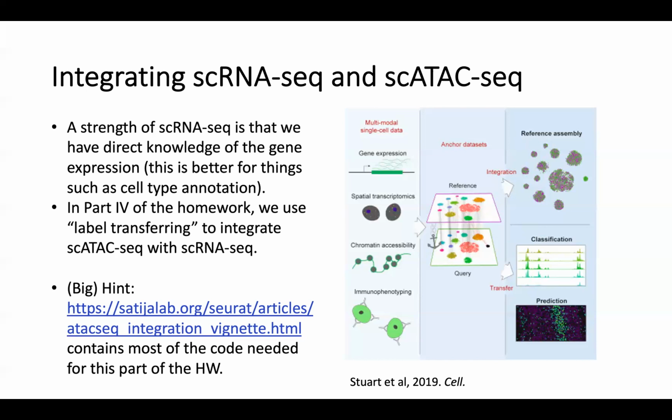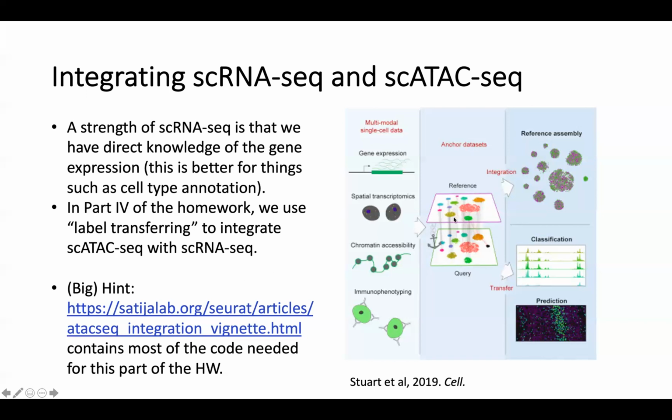Then you treat both this inferred score and your true single cell RNA-seq data as two batches from the same experiment. Up here, the reference might be your single cell RNA-seq data, and the query might be the scores that you inferred from single cell ATAC-seq.